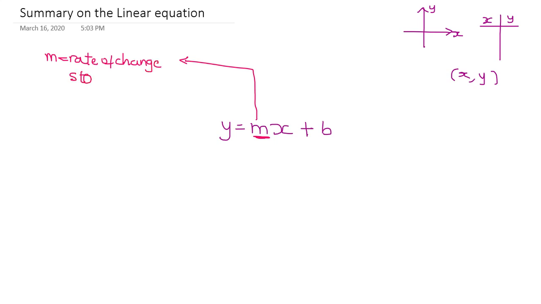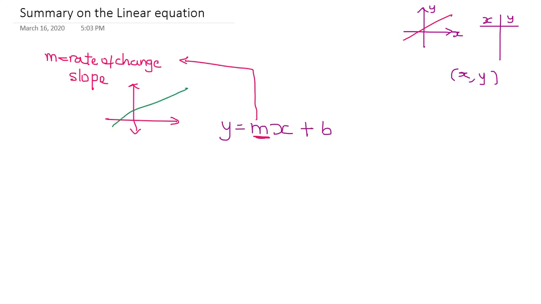So slope is what is represented as m, and in order to determine the slope of a particular line, which is the change in y versus the change in x, we have our y and our x and our graph right here.